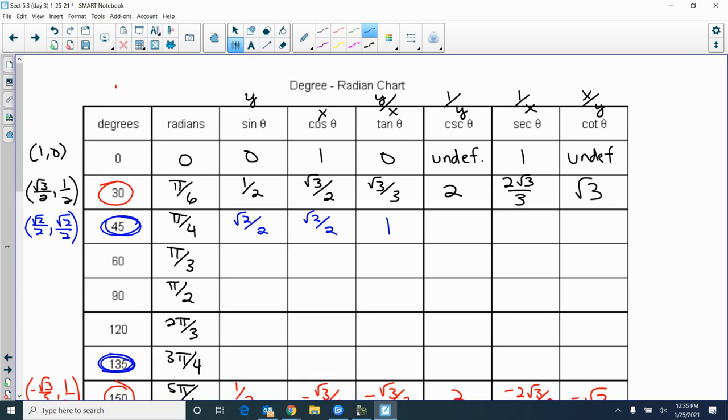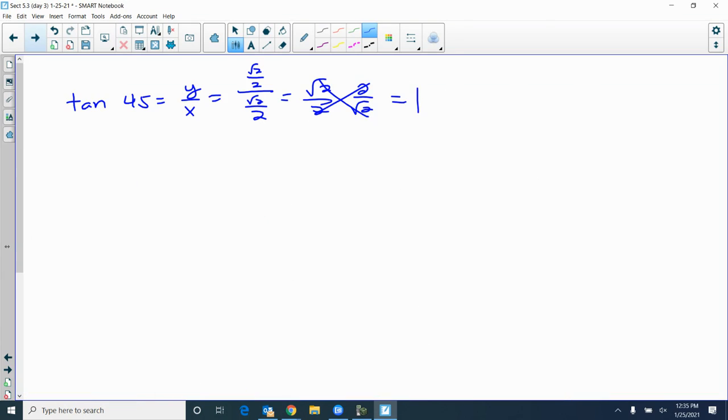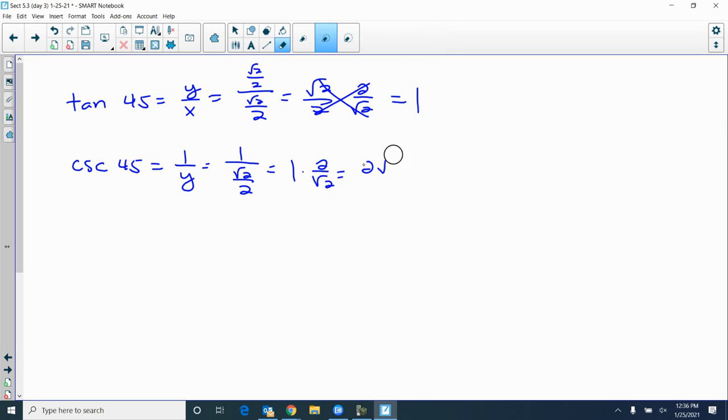All right, cosecant and secant, gotta do a little work there, and put it in the proper form. Cosecant of 45 is 1 over y, which is 1 divided by radical 2 over 2. When you get all done with the mess, I end up with 2 over radical 2.